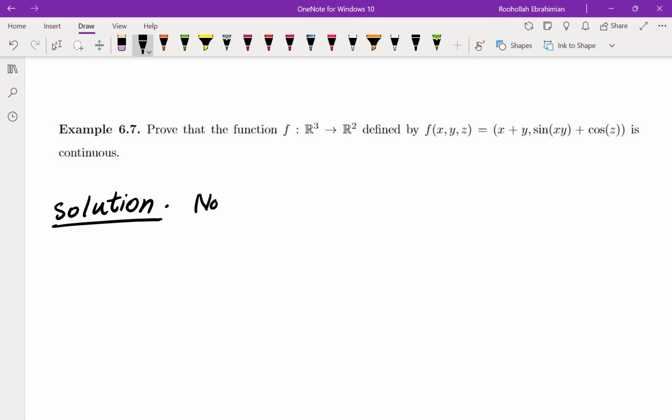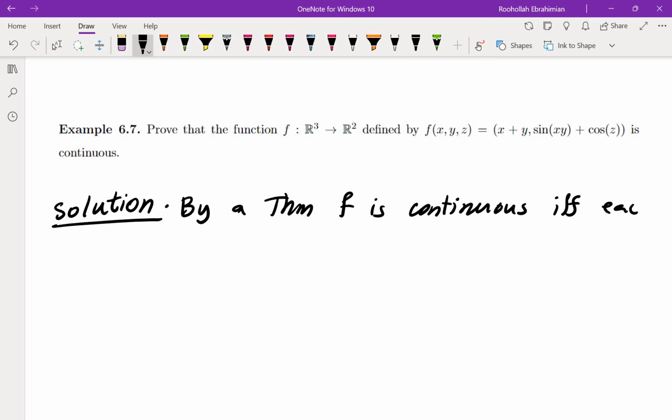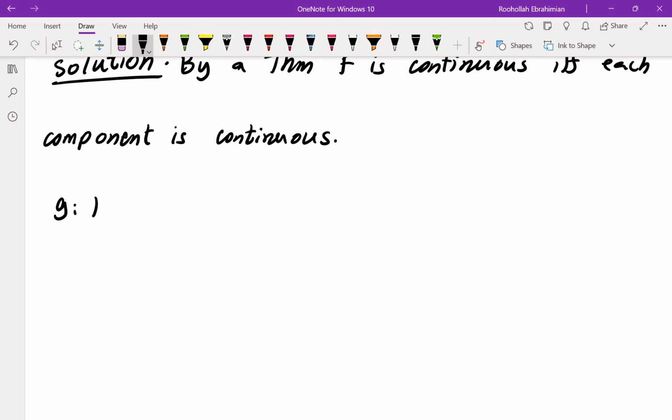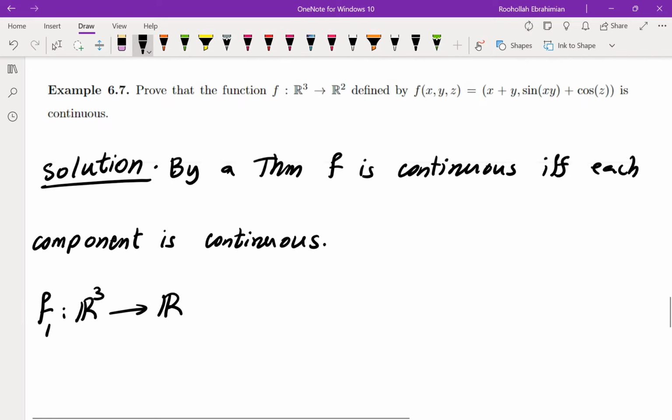So by a theorem, f is continuous if and only if each component is continuous. In other words, I'll have to look at these functions from R3 to R. Let me just call it f1. That's the first coordinate function.